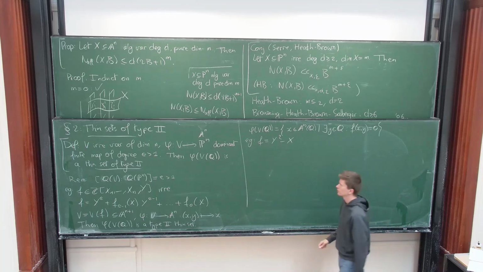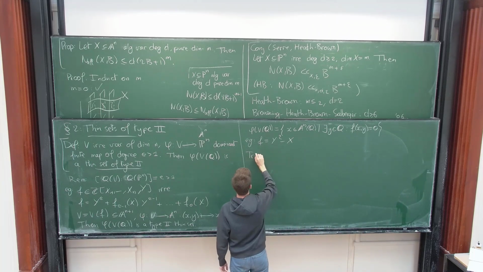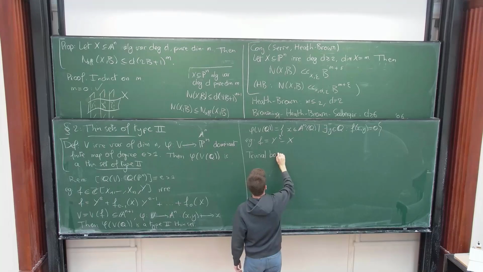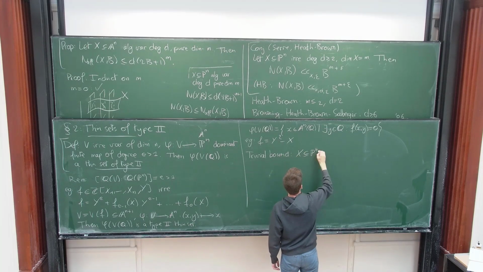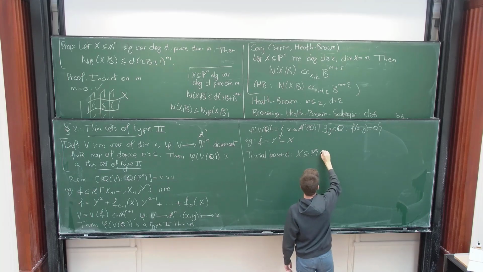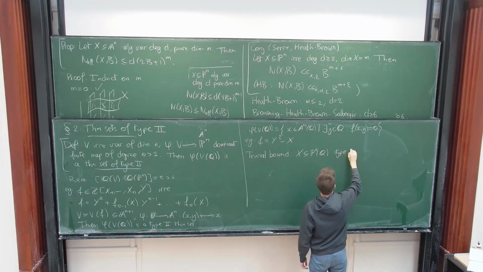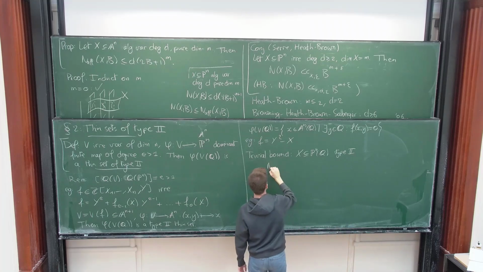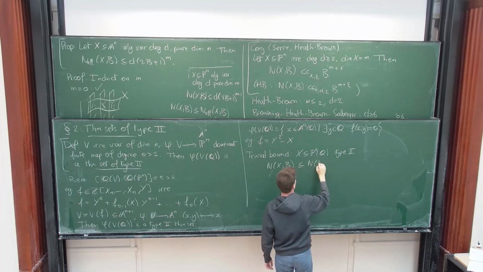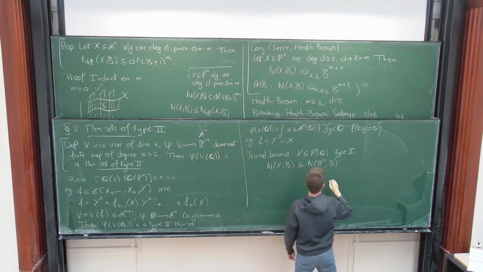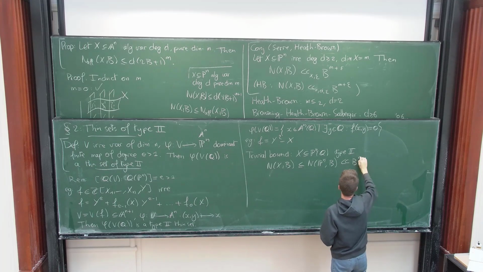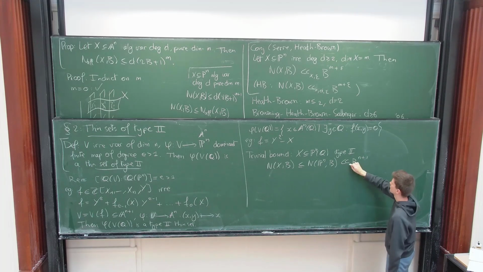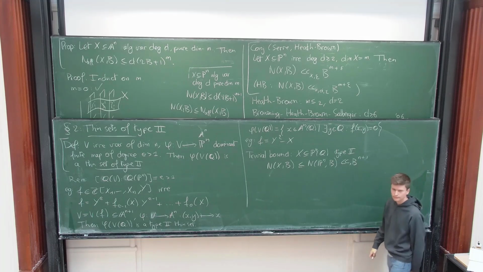Okay, so what's the trivial bound for counting in this case? Let X in Pn(Q) be a type 2 thin set. Clearly N_X(B) is bounded by just counting all rational points on Pn, which is bounded by B to the n+1.